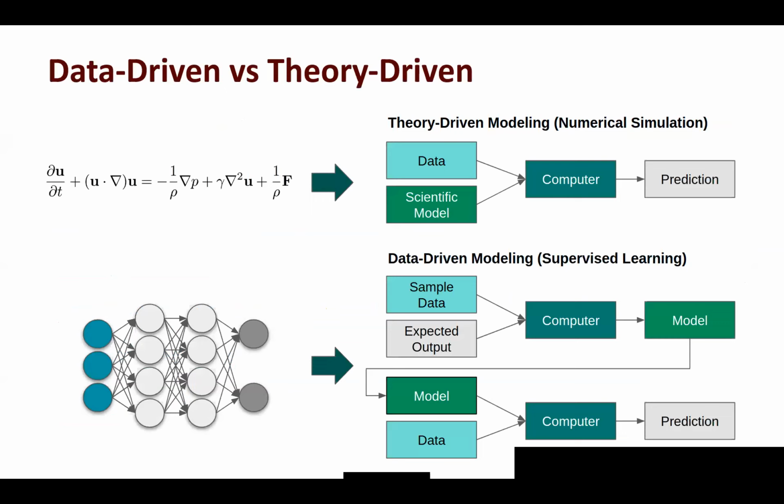So the main connection between machine learning and scientific computing is in the model training itself. If you are familiar with the traditional scientific computing methods, you start with governing equations, and you have some data collected from your experiments.